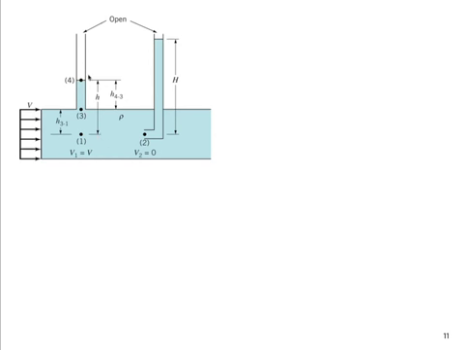The piezometer here would measure the pressure at point 1 by the column of liquid that we would see in this tube.